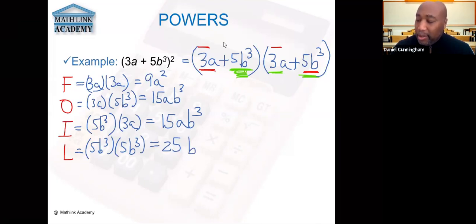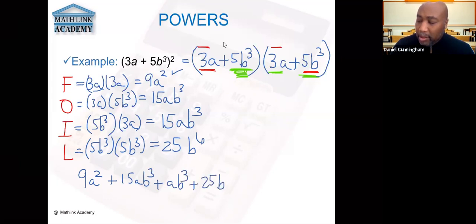And that's right, to the 6. So what we end up with here is 9a squared plus 15ab cubed plus 15ab cubed plus 25b to the 6.